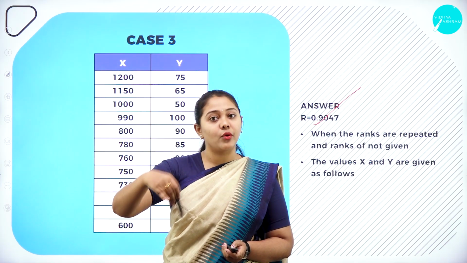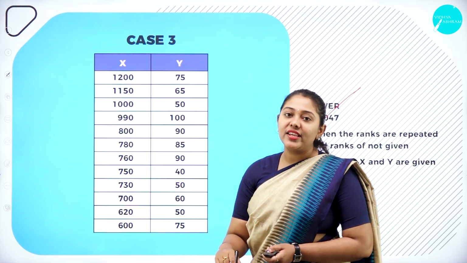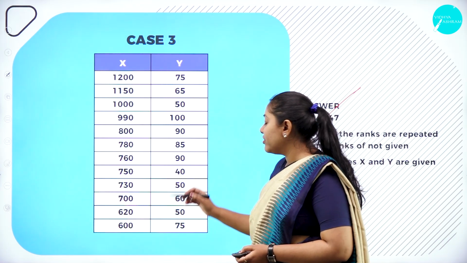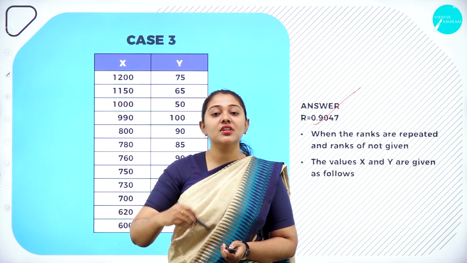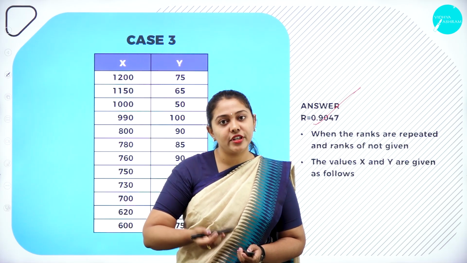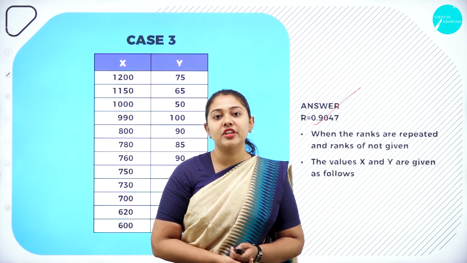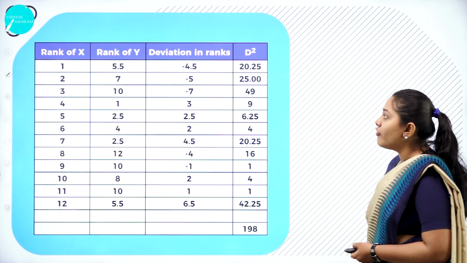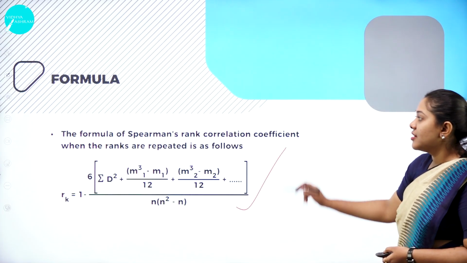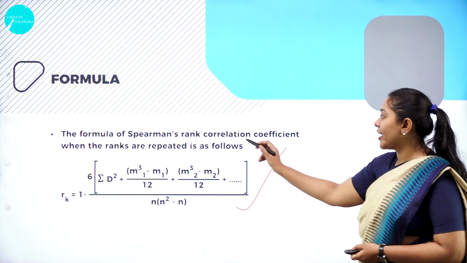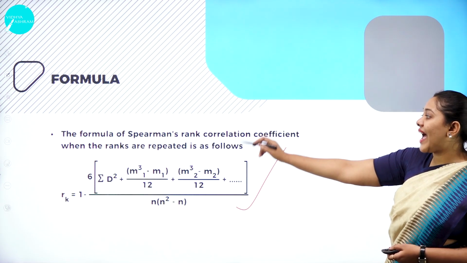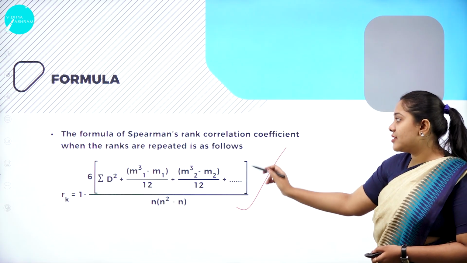But in the Y series, we will assign the ranks because the ranks are repetitive. When the ranks are repetitive, the formula of Spearman's rank correlation coefficient is as follows.